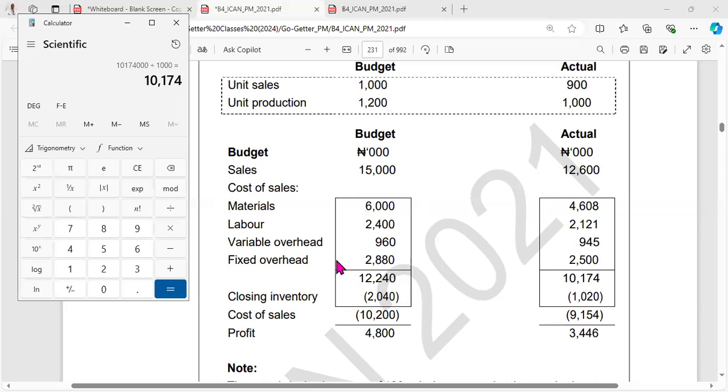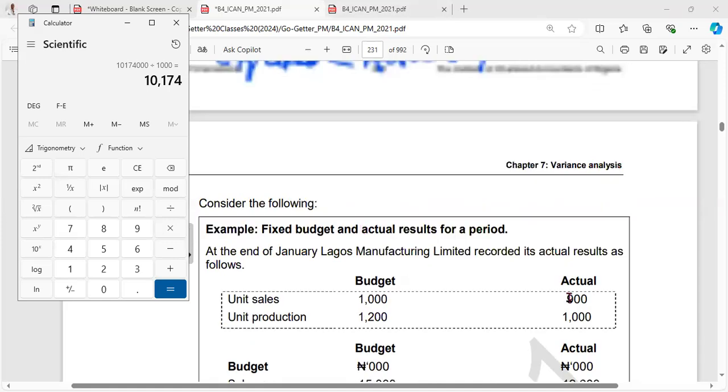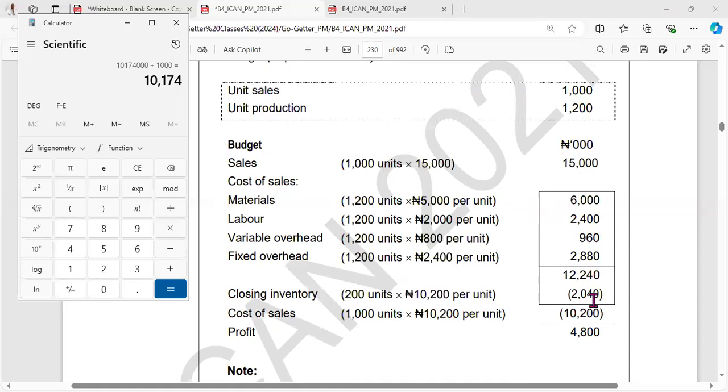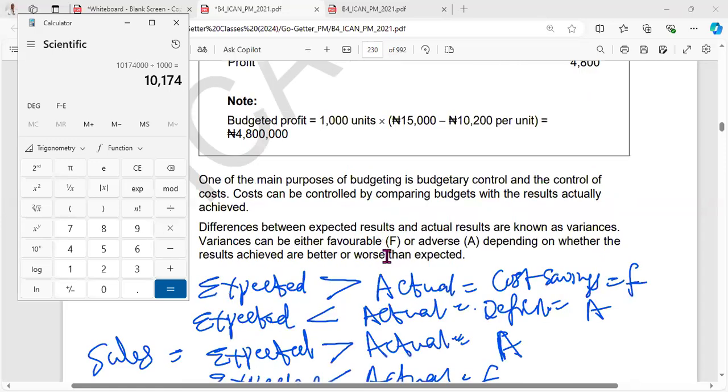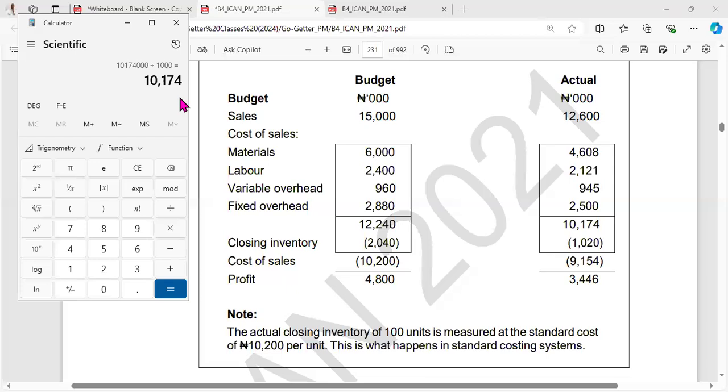Now, if this is my actual production cost, now look at closing inventory. Remember here, closing inventory the other time, we used 2,040 because 10,200 times 200 units. Now, if this is my standard cost for 1 unit, when I multiply this by 100, I should be getting this.